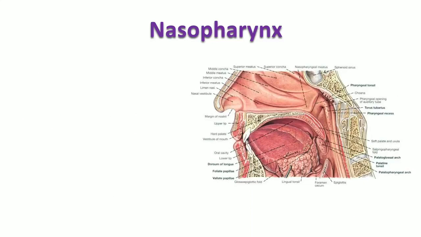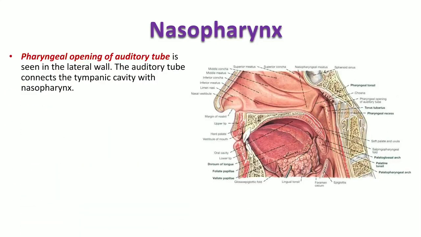Okay, so next, coming to the features on the lateral wall of the nasopharynx. What features can you appreciate in the lateral wall of the nasopharynx? First, the opening of the auditory tube. The pharyngeal opening of the auditory tube is situated 1.25 centimeters behind and above the posterior nasal aperture.